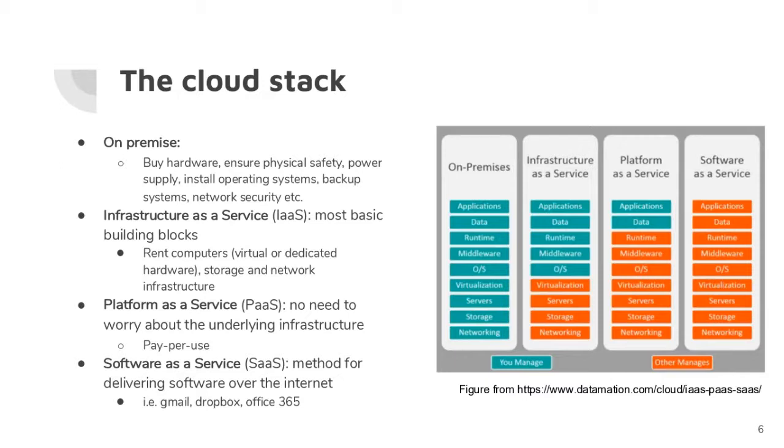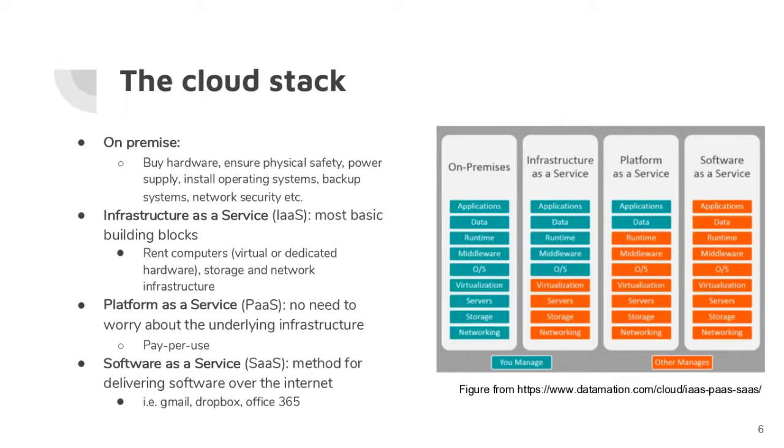And then the next type of service is infrastructure as a service, or IaaS. That's what we'll practice today in the lab session on Amazon EC2. Here you actually rent computers. Often it's virtual hardware. We will go into that in a couple of slides.